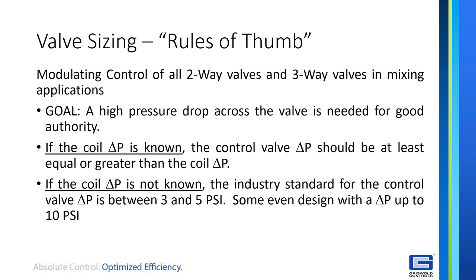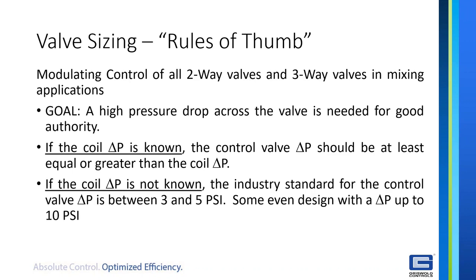If the coil is not known, then the industry standard is just to pick between 3 and 5. Johnson Controls, in their valve sizing books, says up to 7, even up to 10. So there are a lot of rules of thumb, and it is dependent on the area. But 3 to 5 is the most common rule of thumb that we've seen.